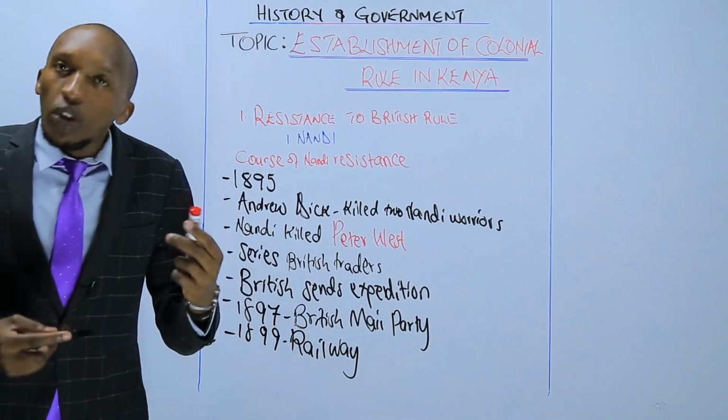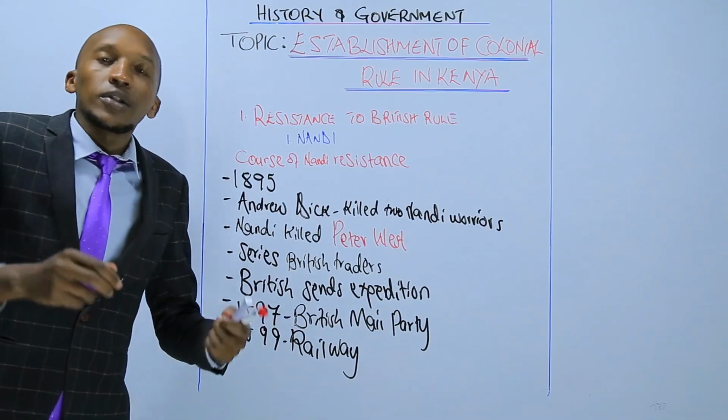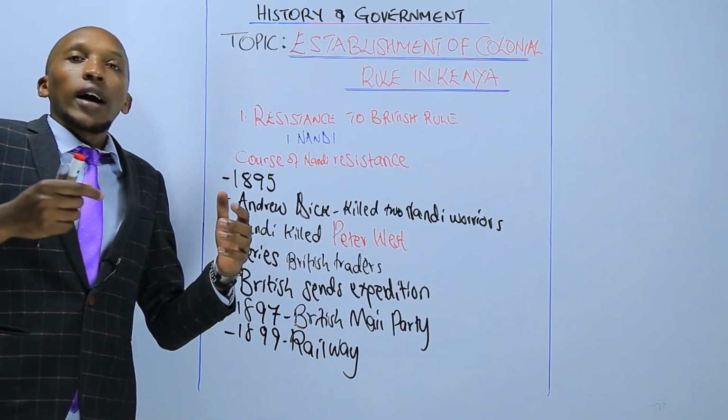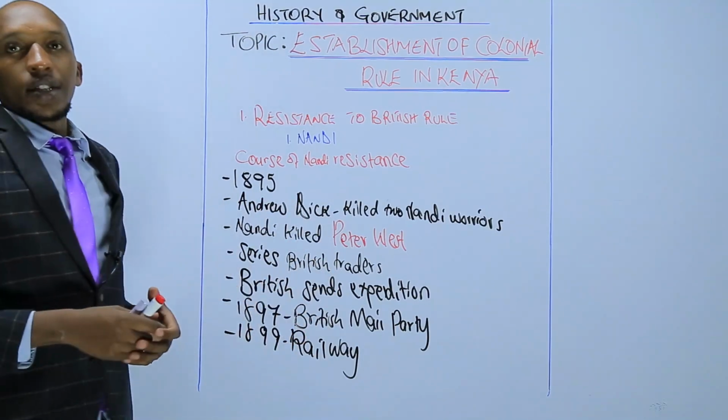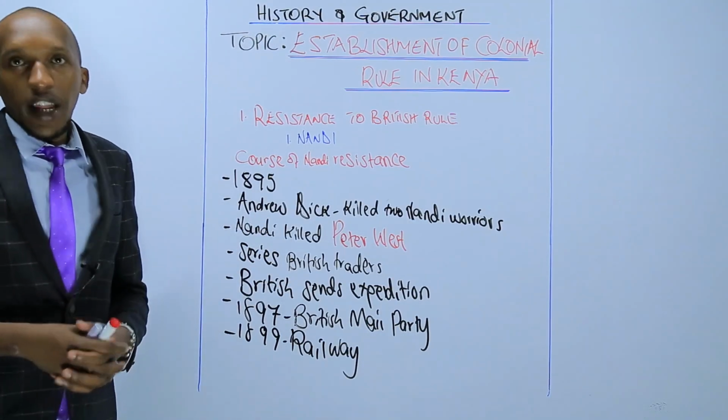Remember, in Kimnyole's prophecy, as I had mentioned earlier, the prophet had seen an iron snake. He had seen a very big snake coming into the land of the Nandi.